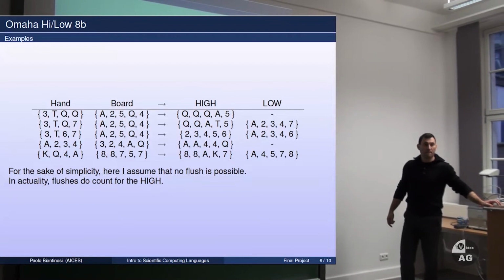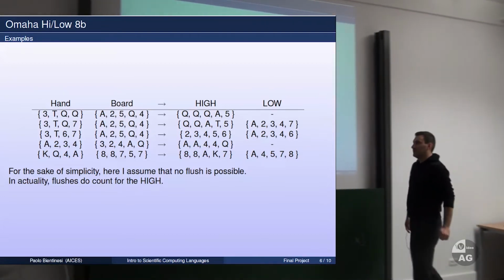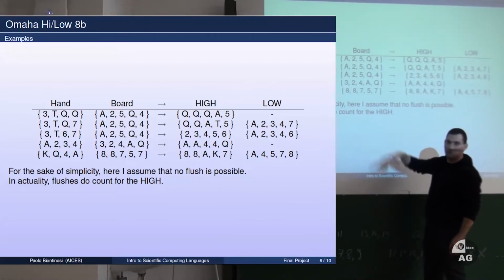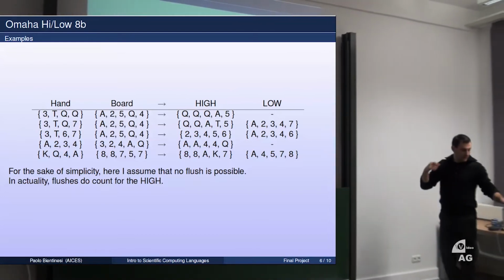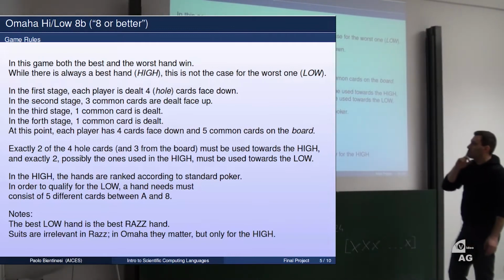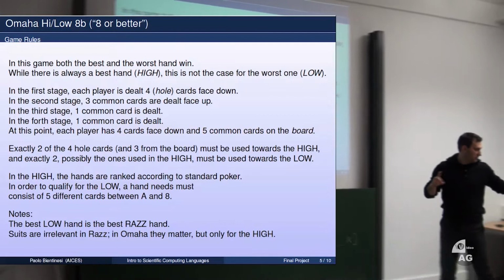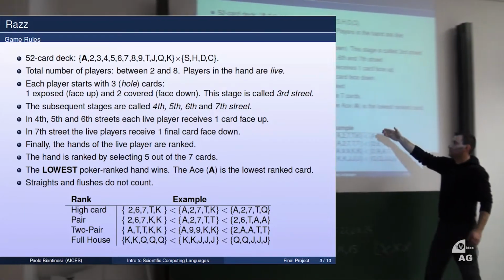Flushes do not count for high, and flushes are low. Is there any meaning? Flushes and low make no sense as well, right? Flushes do count for the high, so they do not count for the low. Okay. And I wrote that here somewhere. Maybe the one before, right? Straights and flushes do not count.